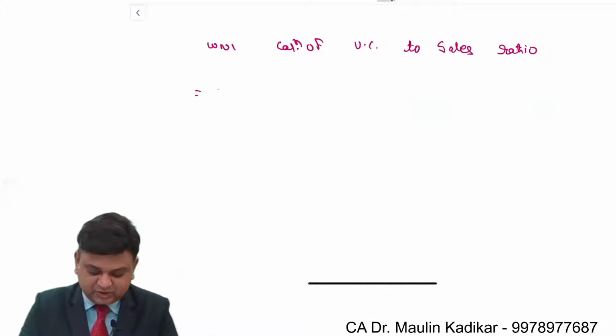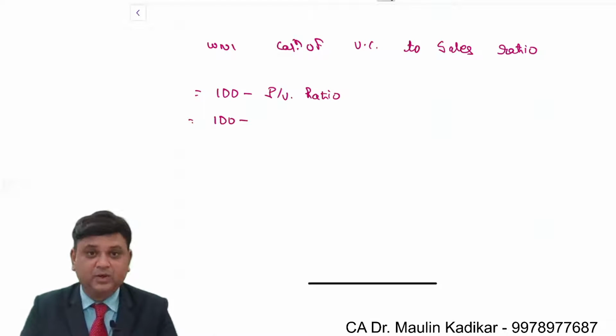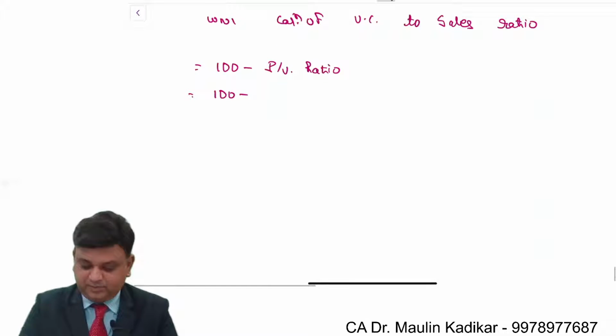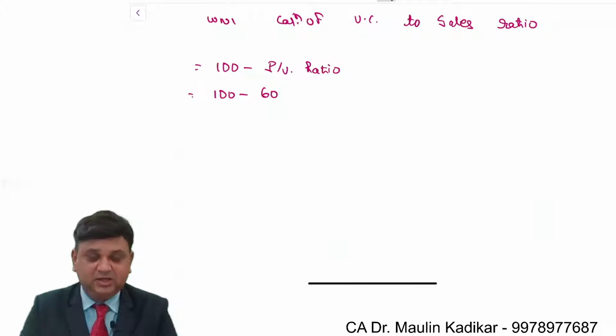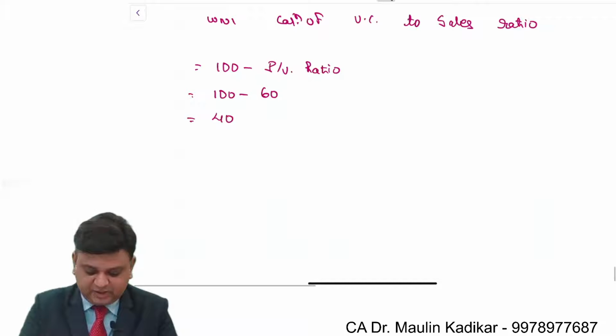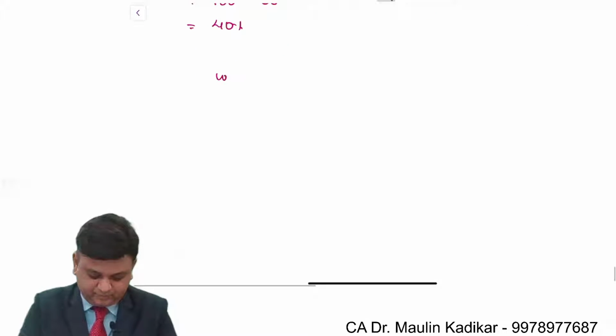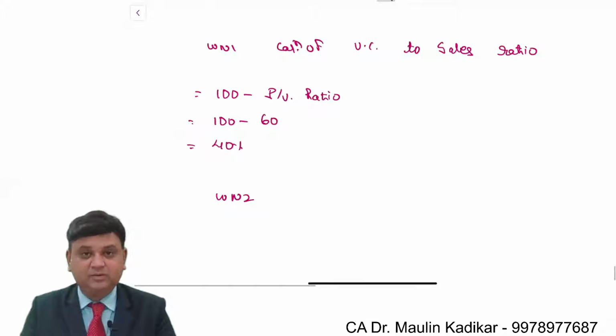It will be computed as 100 minus profit volume ratio. So 100 minus profit volume ratio 60, so variable cost is 40. Working note number 2. Calculation of earning per share.